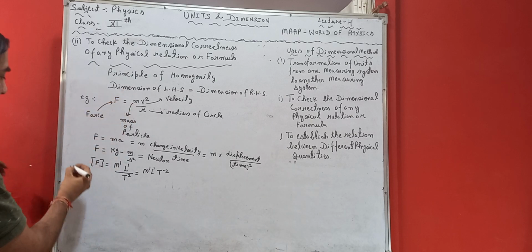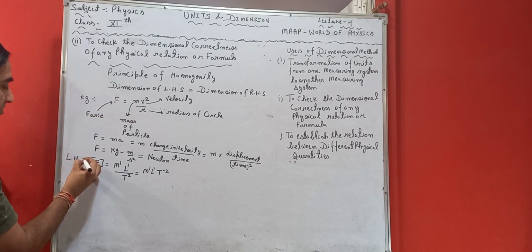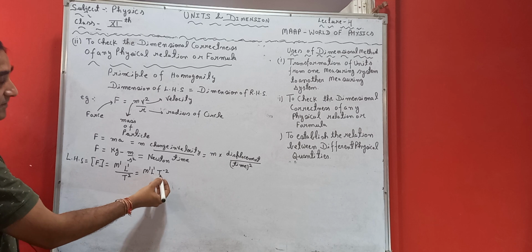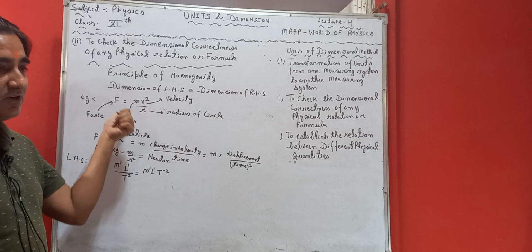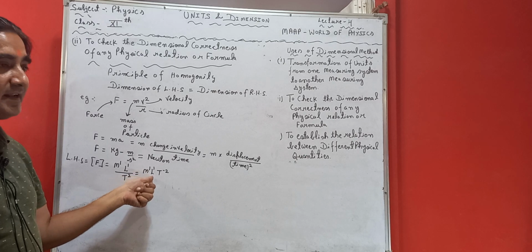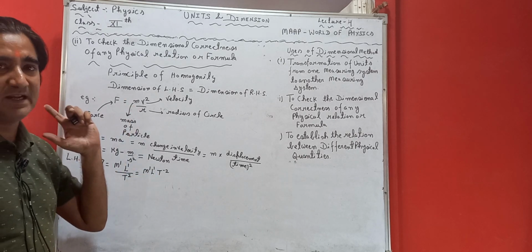So it is LHS. The dimension of LHS is given as M1 L1 T minus 2. Now we will check if the dimension of RHS is also M1 L1 T minus 2, then we will say this formula is correct.